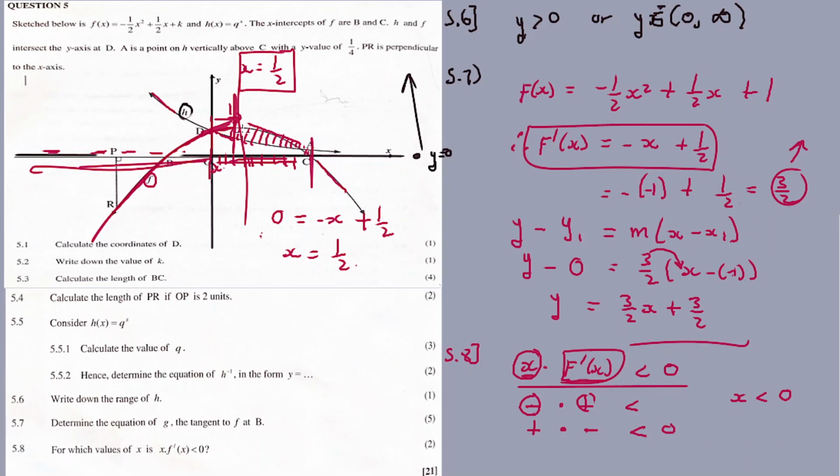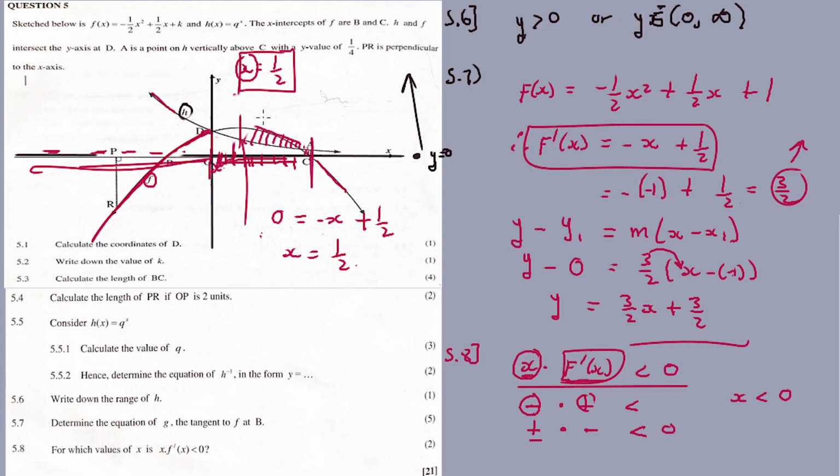So after x equal to 0, whenever x is greater than 0, both are positive. Remember I want one positive and one negative, so x is positive and the gradient is also positive. But after the x value of the turning point, the direction changes.